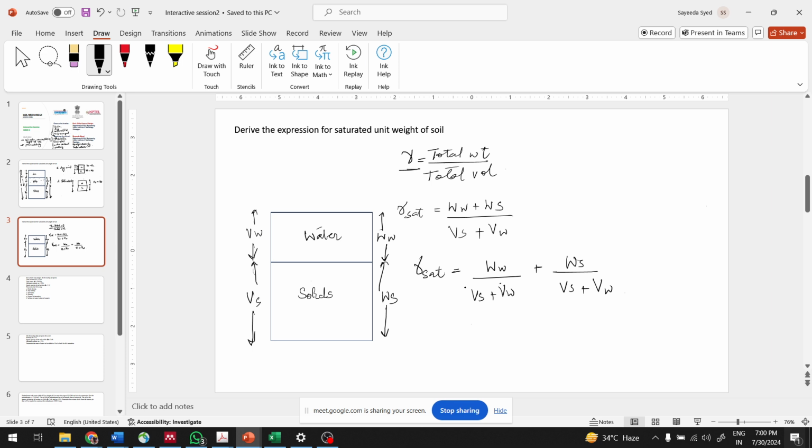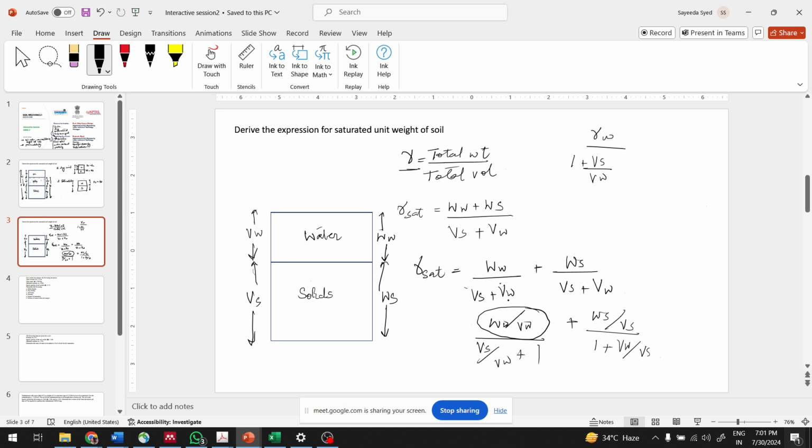If we take volume of water common here, this will become over volume of water divided by Vs by Vw plus 1, plus, let's do the same here, Ws by Vs over 1 plus Vw by Vs. So this is weight of water by volume of water, which is our gamma W, over 1 plus Vs by Vw.